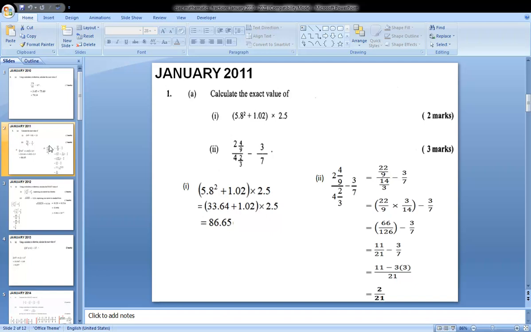Now, what we simply do, we divide 22/9 by 14/3. What we know when we're dividing is we invert or flip. So it will now become 22/9 times, changing division to multiplication, and then we flip the 14/3.